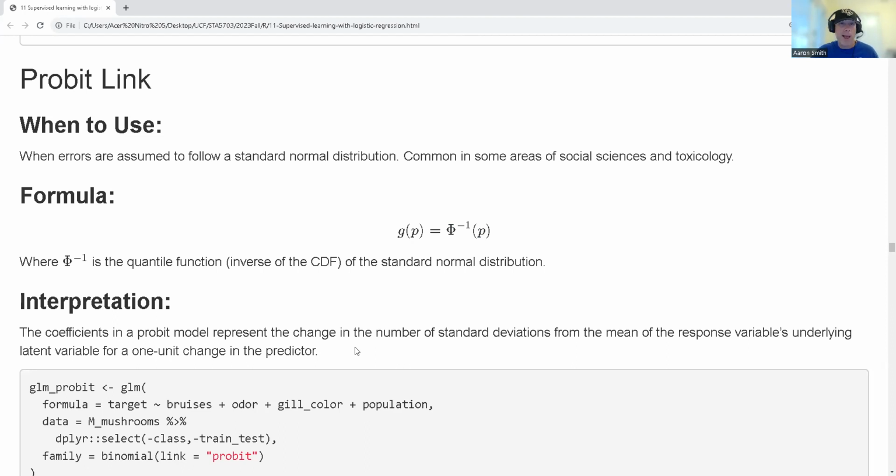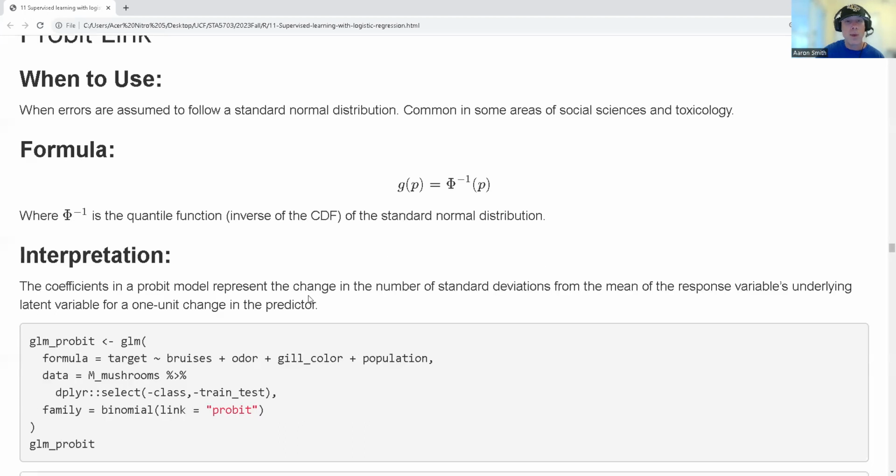I don't really, I've never had it be the best model for me. Well, actually, no, I take it back. I've had it once be the best model, but logit was really close behind it. And so I've never launched a model with probit because every time logit was either the best or close to the best when I was working professionally.